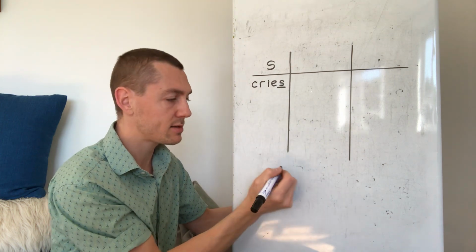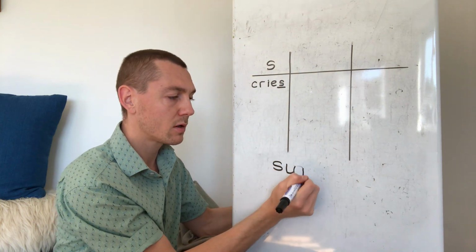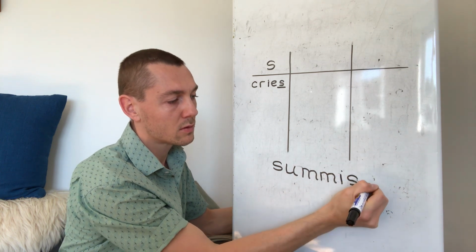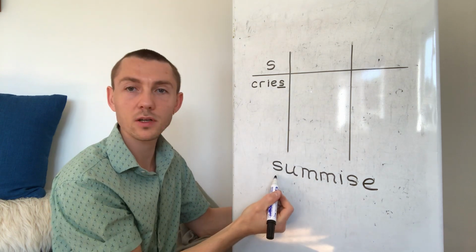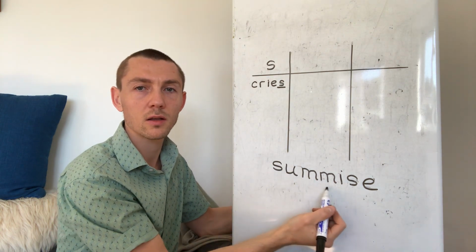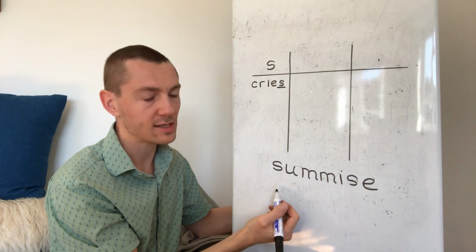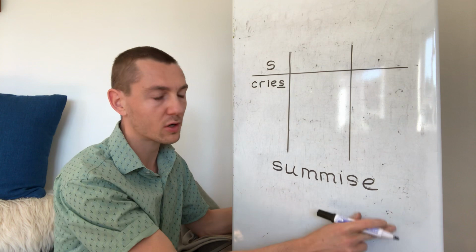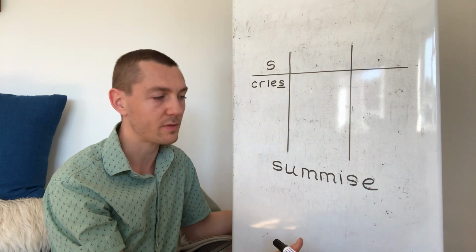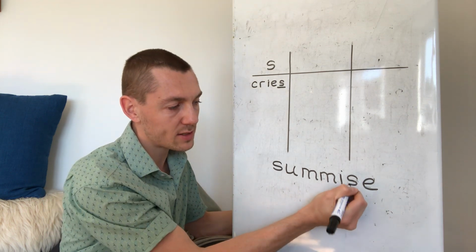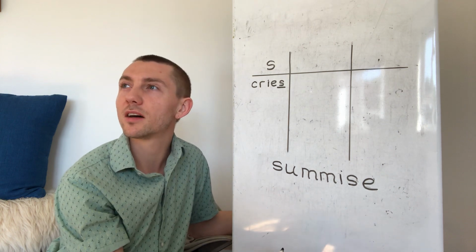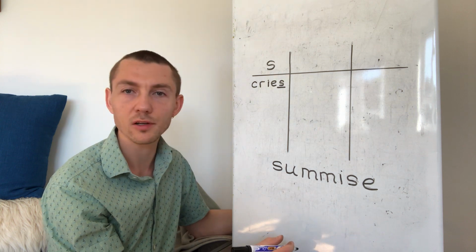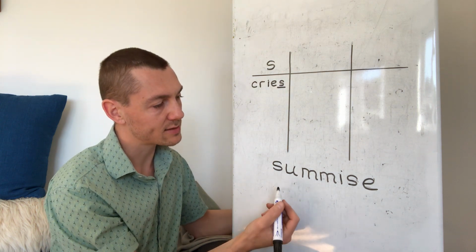The next word is 2 syllables. Surmise, surmise. Now to surmise, remember, means to draw a conclusion, to come to a judgment about something. So I looked out of the window and I surmised I should wear shorts today. I decided, I came to the conclusion. Surmise, so what are we trying to do?